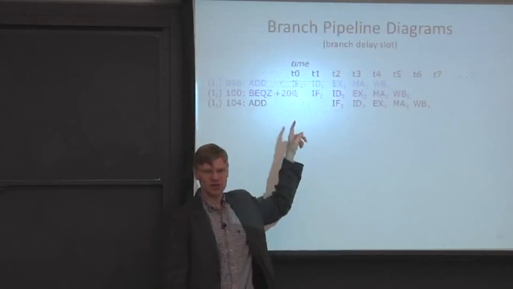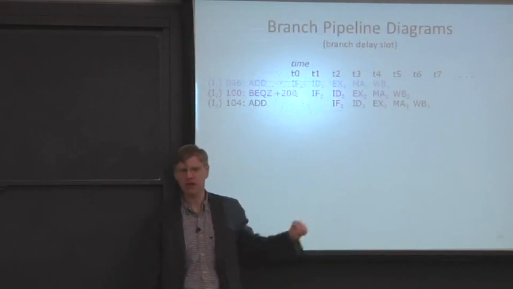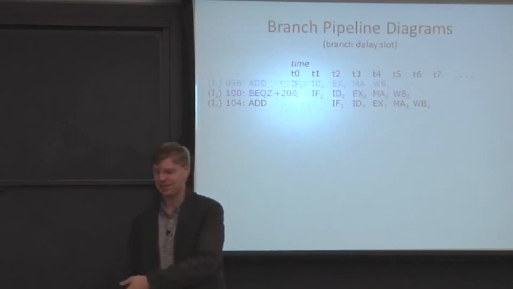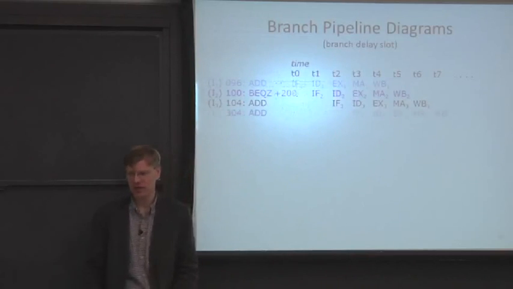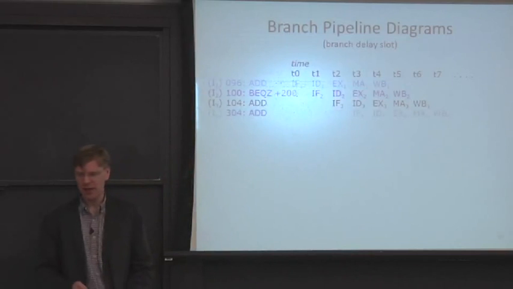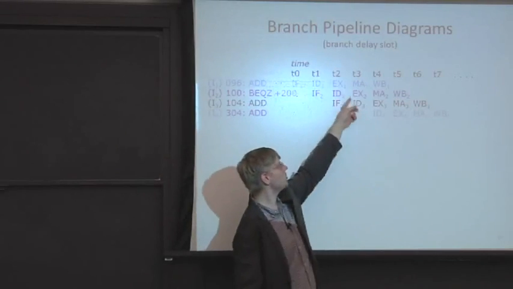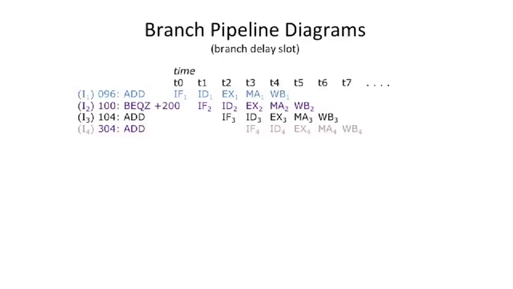So this pipeline diagram sequence here is the same whether the branch is taken or not taken. In this case, we're going to say that the branch is taken, and we go to execute this next add here. But you'll see that there's no bubbles. There's no no-ops being inserted. So we've actually improved the performance here. This is assuming, though, that this add is doing useful work.